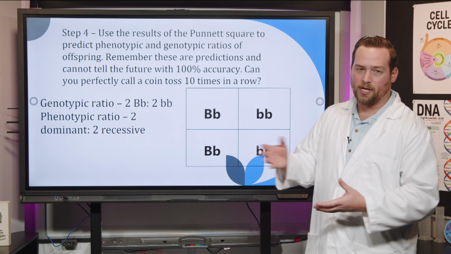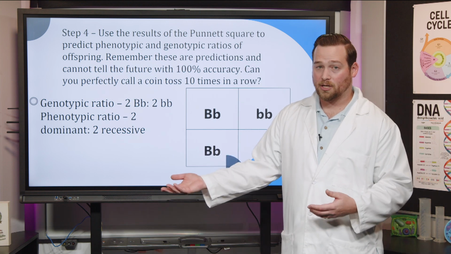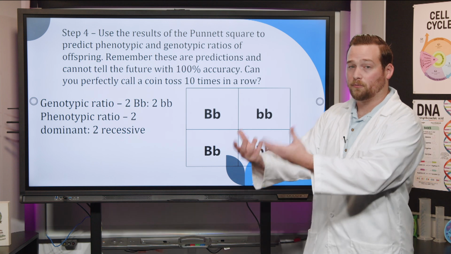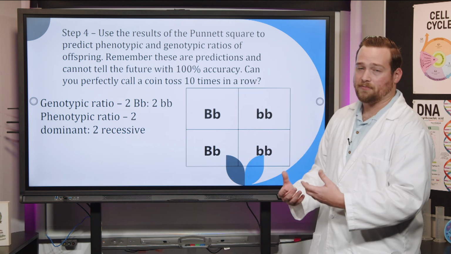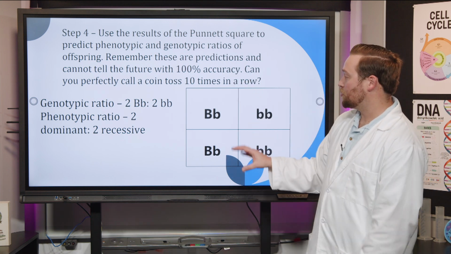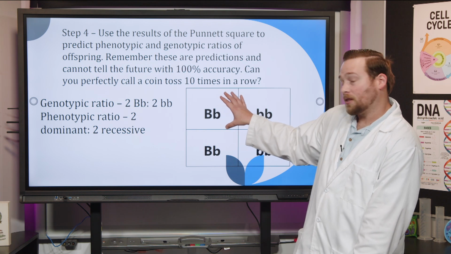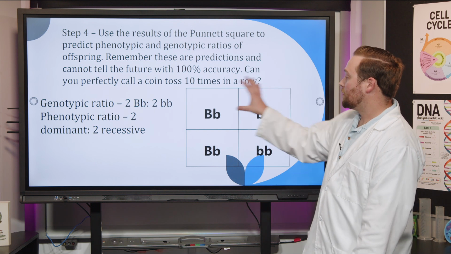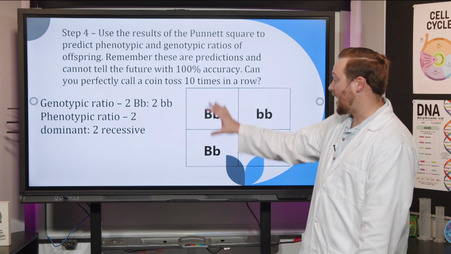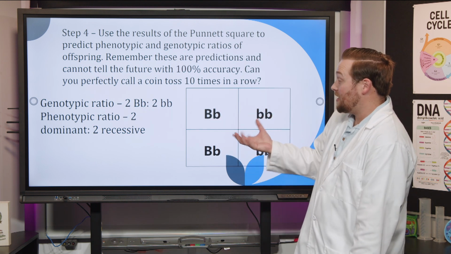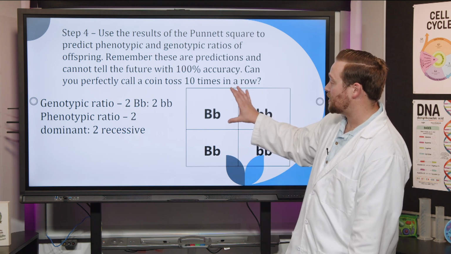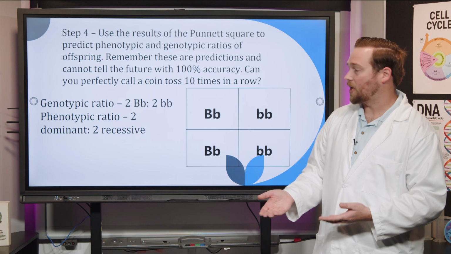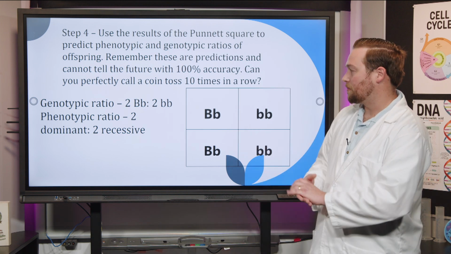Just because you get 3 heads in a row doesn't mean the next one's going to be tails. And the same thing's going on here. When these parents have their first child, a lot of times students will think, well, this is the first box, so this is going to be the genotype of that parent. That's not true. These represent the possible genotypes of that offspring, okay? And even if you do have an offspring that shows that dominant allele, the next time you have a child, it's also a 50-50 shot, okay? It'll make more sense when we're doing some examples up here.